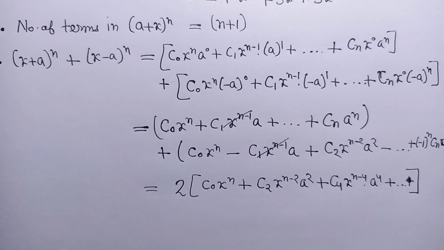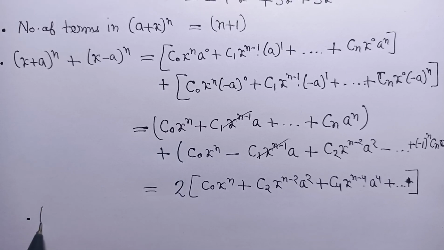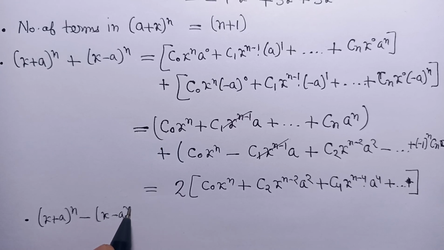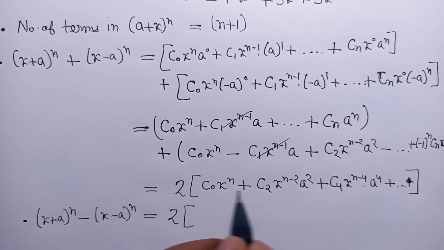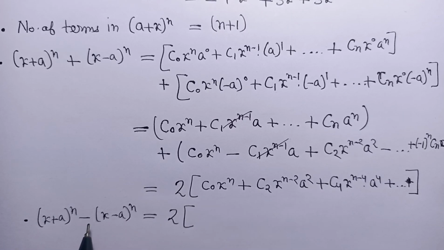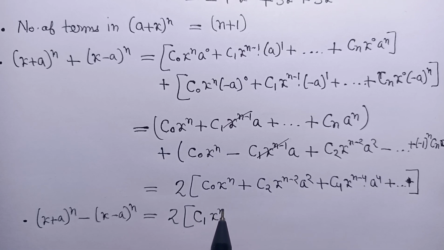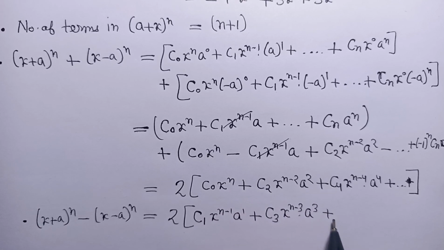So this is the expansion of x plus a power n plus x minus a whole power n. Similarly, when you do expansion of x plus a whole power n minus of x minus a whole power n, you will get 2 times of, this is sum of even terms, but when you do minus you will get sum of odd terms, so that is c1 x power n minus 1 a power 1 only plus c3 x power n minus 3 into a power 3 plus up to so on.